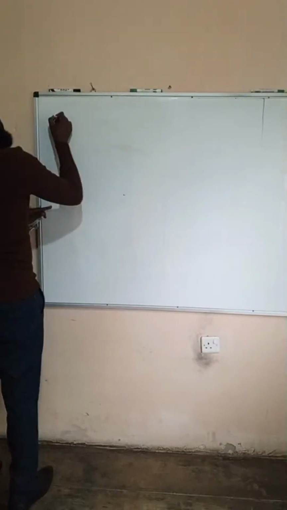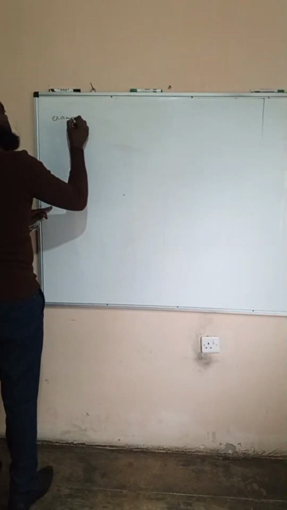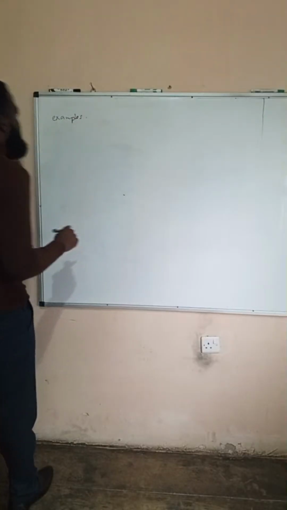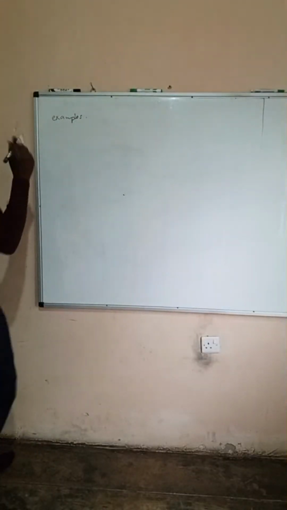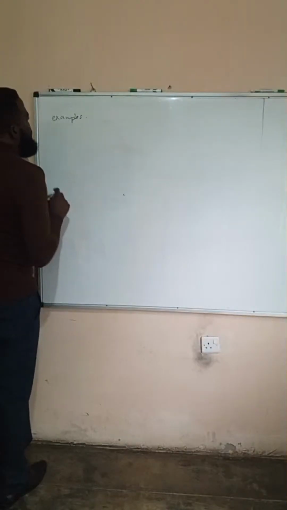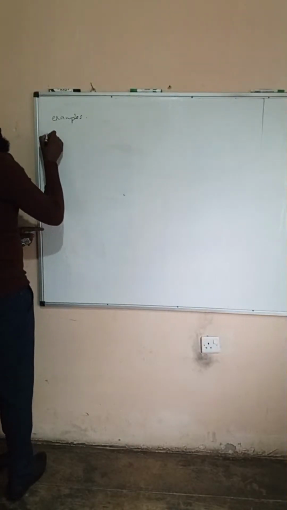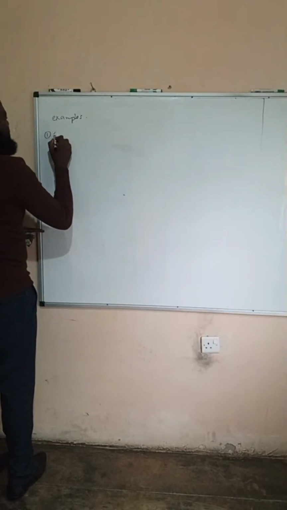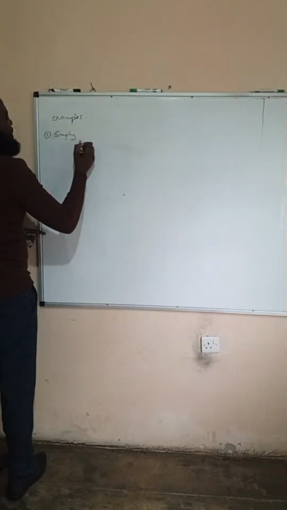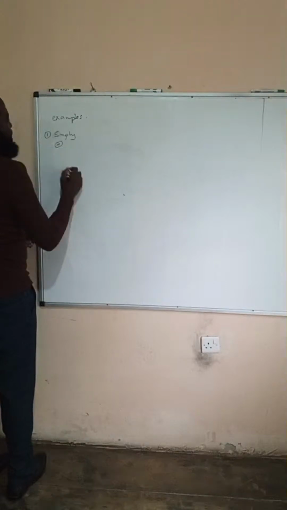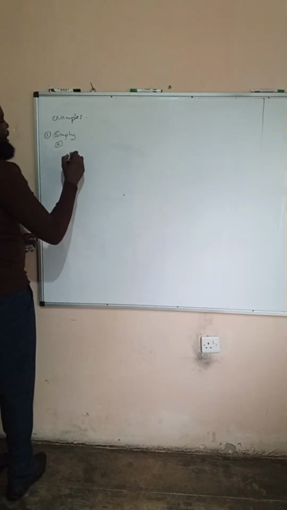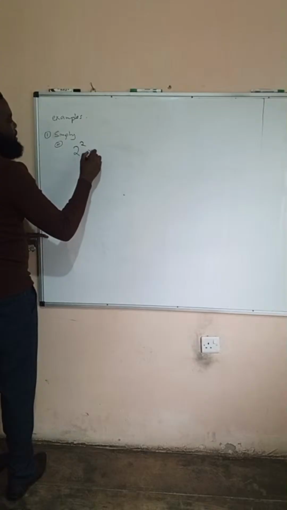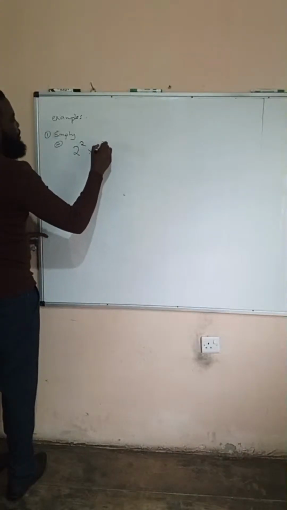examples. I'm not going to spend long on the examples because I just want you to understand the principles. Example 1, I'll just solve maybe 2 examples on each. Simplify 2 to the power 2 times 2 to the power 3.